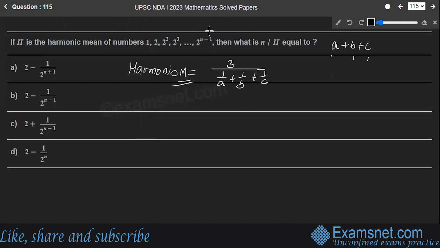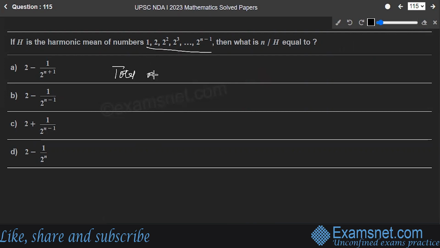Okay. So in this case, the total number of terms, if you look at this, is n. Now, if we take, let's say, n is equal to 2, then we will have the terms as 1 and 2 only. Correct? So let's calculate the harmonic mean for this.